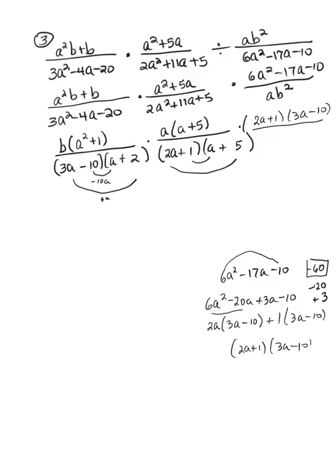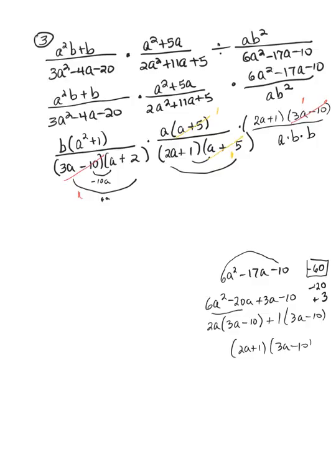And the ab squared is just a times b times b. I could write it this way. Now we divide through. And when we divide through, notice that these a plus 5 stand out, so that gives us a 1 there. The 3a minus 10s divide through from the last and the first.